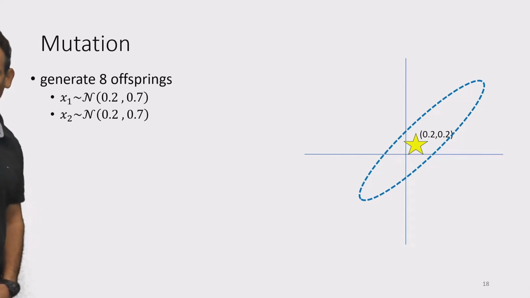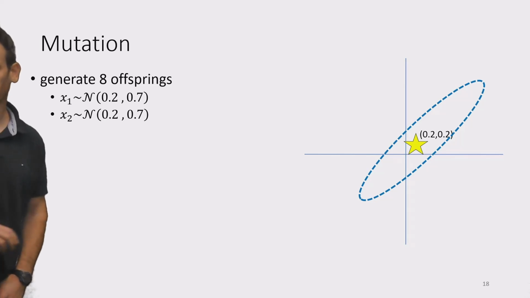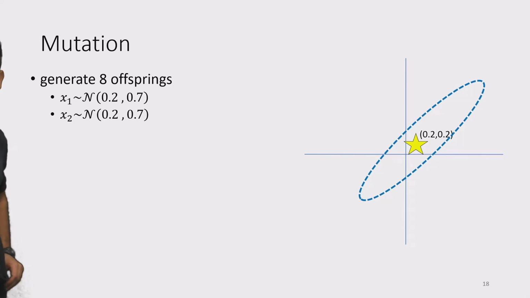Now we obtain the normal distribution with some mean and some variance for each one of our dimensions, for each one of the tunable parameters. In this case, both of them have a mean of 0.2 and a variance of 0.7. Now we're going to use these values in order to generate 8 offspring. Sounds good, right? Let's do it.